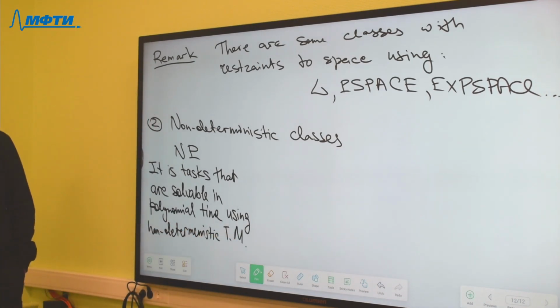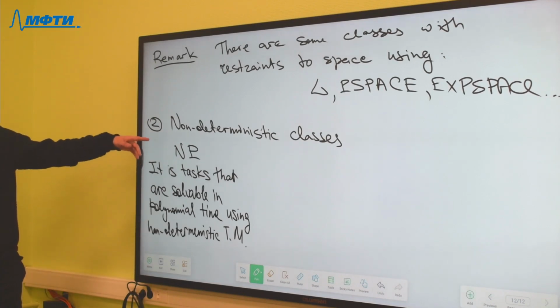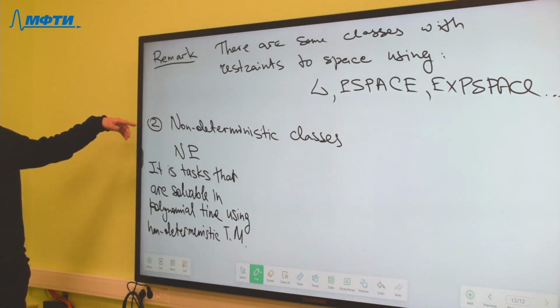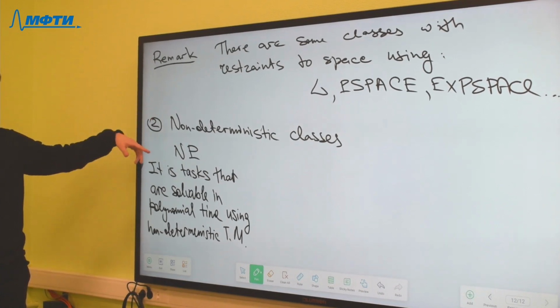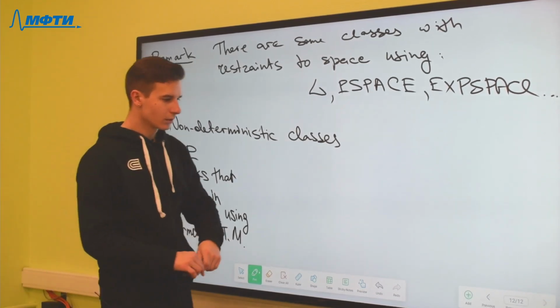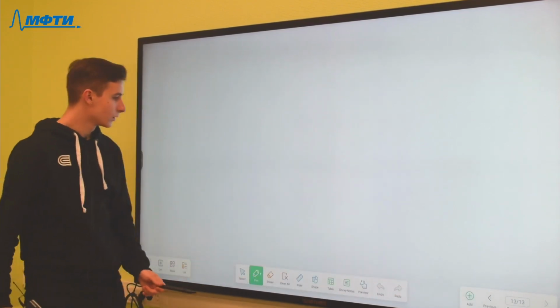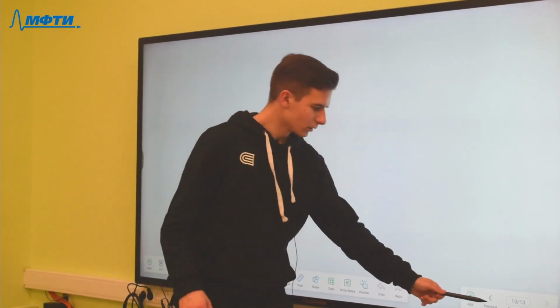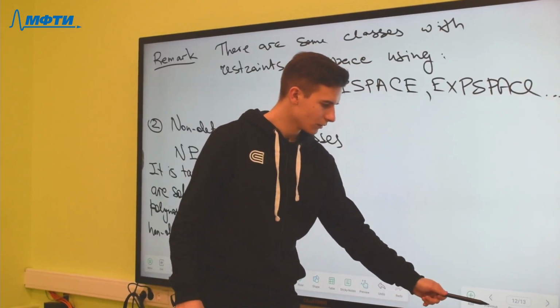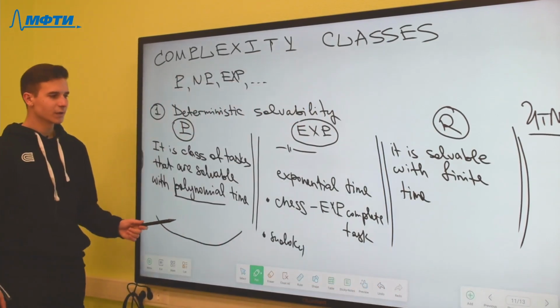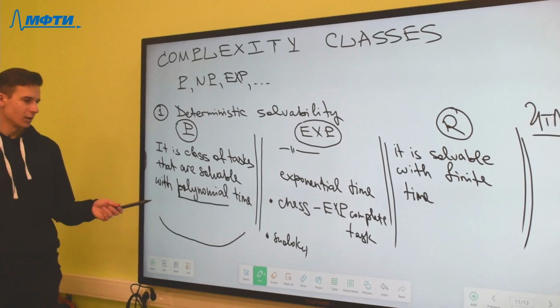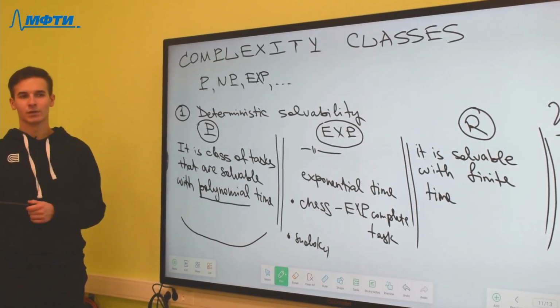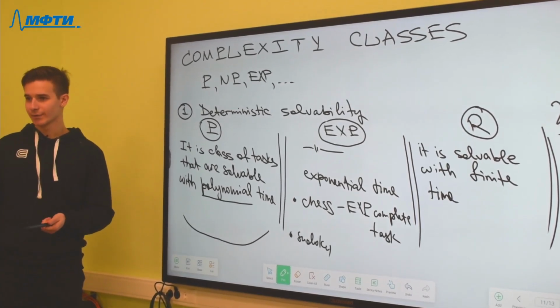I didn't write it, but in the first part of this topic, we meant that we use a deterministic Turing machine. It means that we use only deterministic algorithms, for example.